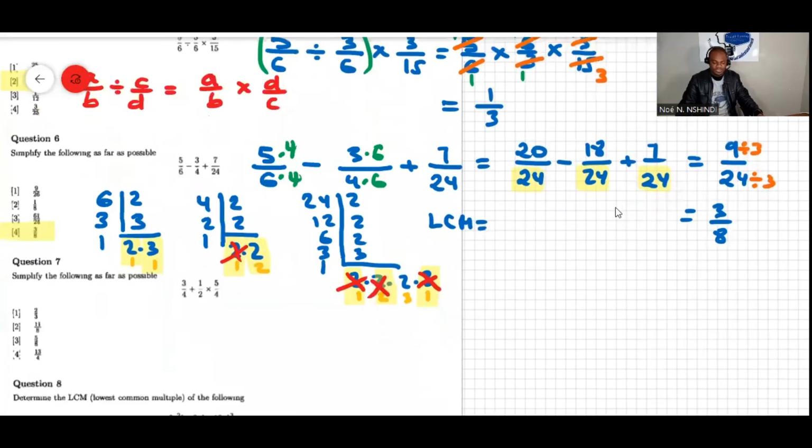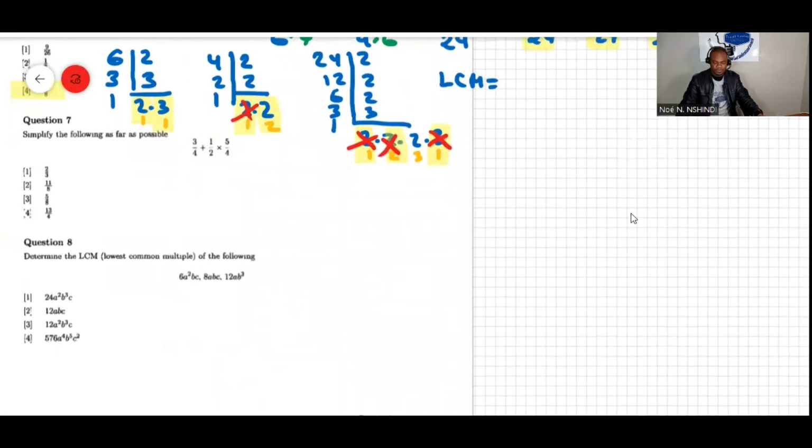Now, question 7 says simplify the following as far as possible. So now, over here, we have 3/4 plus a half times 5/2. So we're going to do BODMAS, okay? So meaning, before we add, we can multiply.